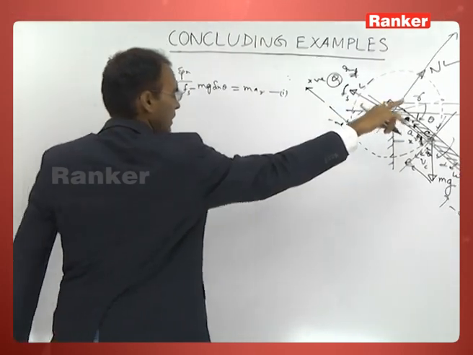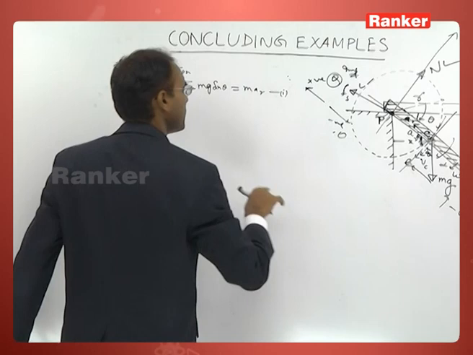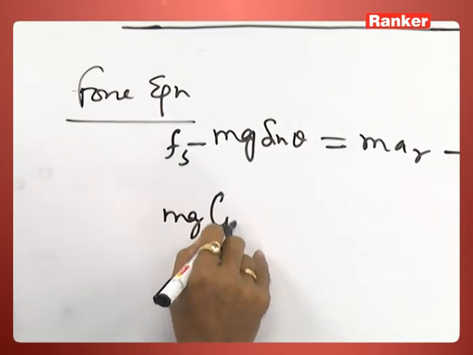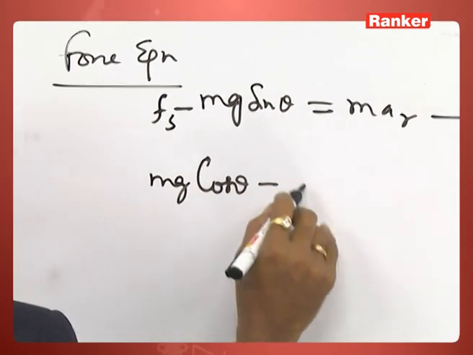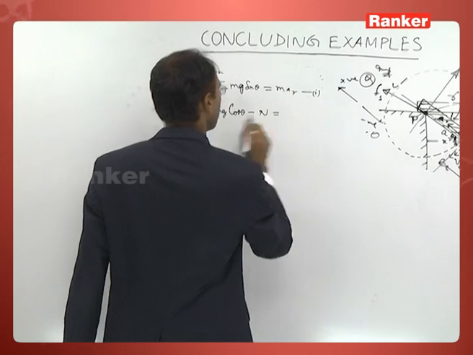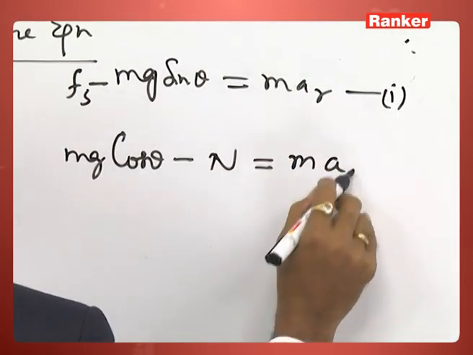And the second equation, along the tangential direction or along the y direction, that is mg cos theta minus N. We are not writing any new equation, same equations, is equal to m into AT.